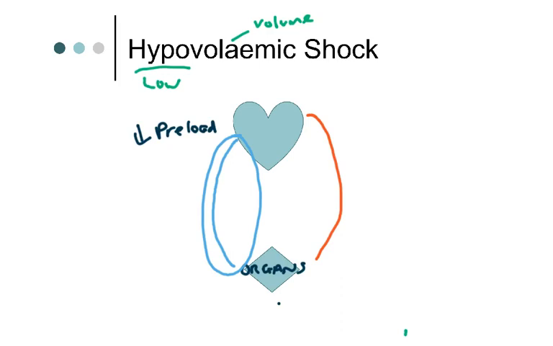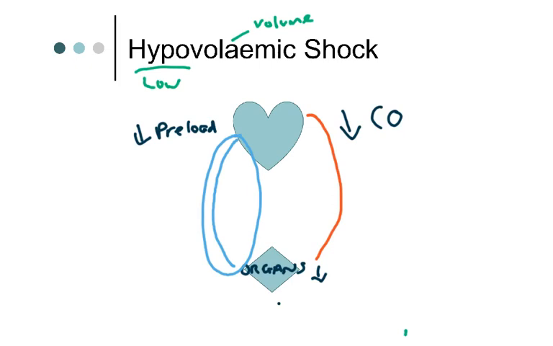So if the heart is not filled as much, this is actually going to reduce cardiac output. So this is going to reduce the amount of oxygen and nutrients delivered to the tissues and the organs.